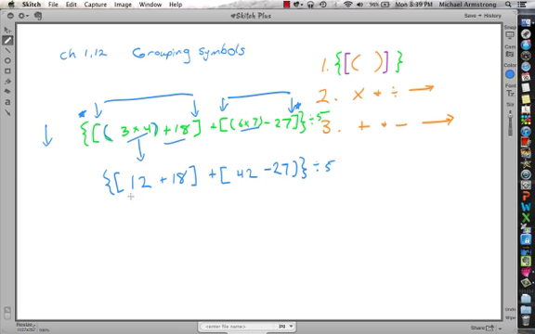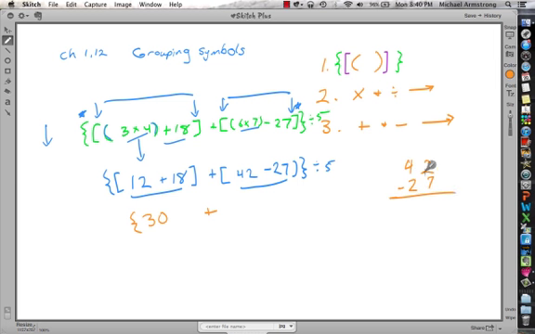Now I'm going to simplify this piece and this piece. I have to do the braces before I do what's in the ellipse. 12 plus 18 is 30. Keep the ellipse, but I no longer need the brace. Plus 42 take away 27. Might be a little hard to do in your head.